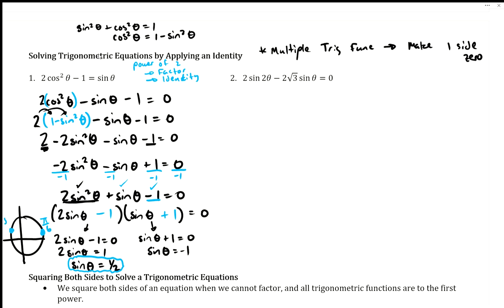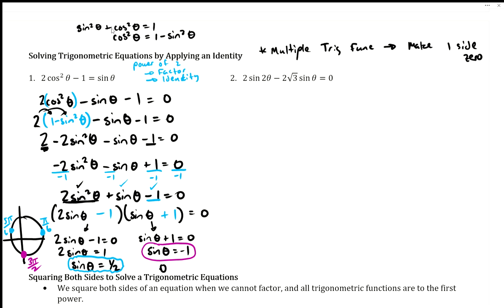So pi 6th, 5 pi 6th. And then where sine of theta equals negative 1/2, so a y-coordinate of negative 1/2 is down there where the angle is 3 pi over 2. Okay, so these are the three answers between 0 and 2 pi, and we know we should add 2 pi k to them for our official final answer.